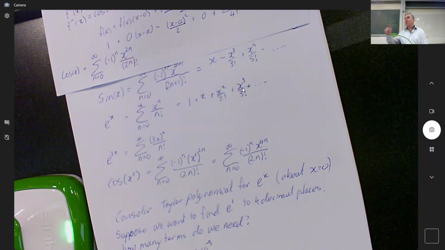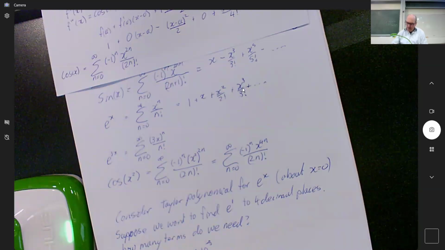Or they will say to so many decimal places. And so when it's to so many decimal places, you take that number of decimal places, you divide it by 2. You're halving the width you want. Now, the beautiful thing is this thing for e to the x is going to look like that bound.